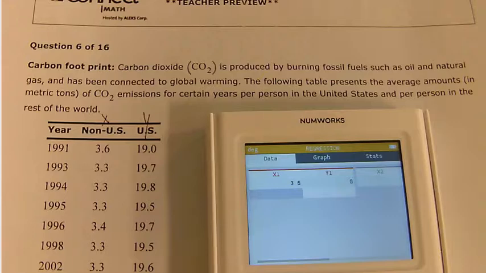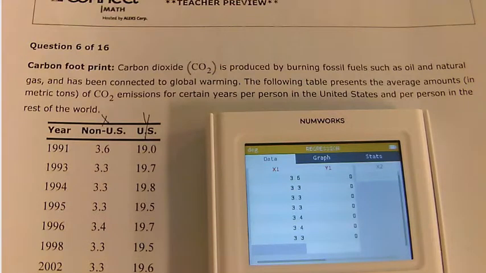in my X's, 3.3, 3.3, 3.3, 3.4, 3.4, 3.3, 3.3, and 3.5.